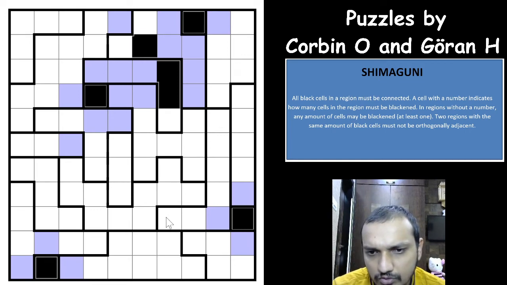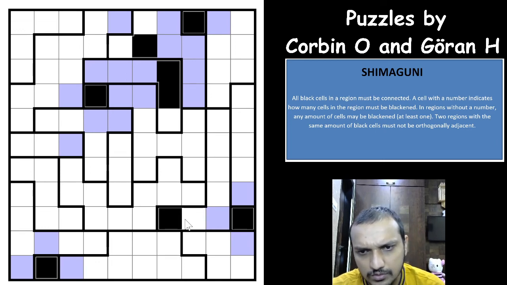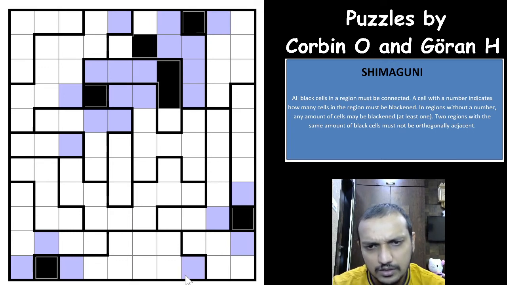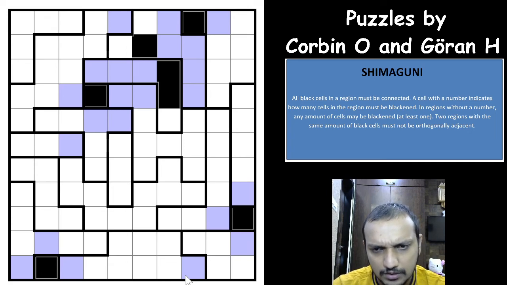So if this is both shaded here, two and three, this can have... so this cannot be shaded because you'll have only one cell remaining shaded, right? Come on, I'm surely missing something easy here.